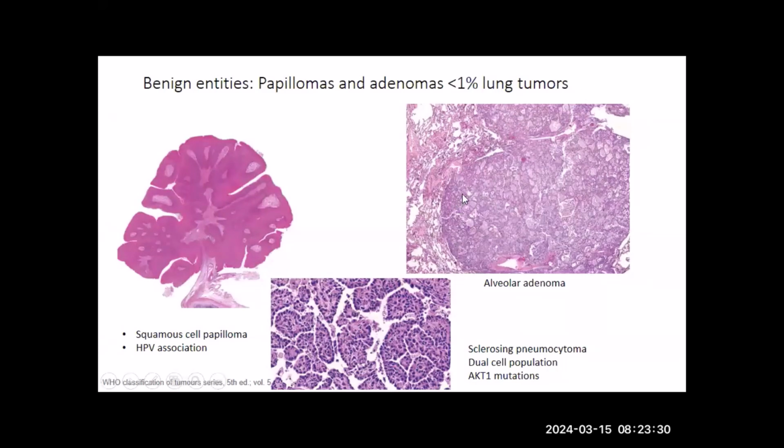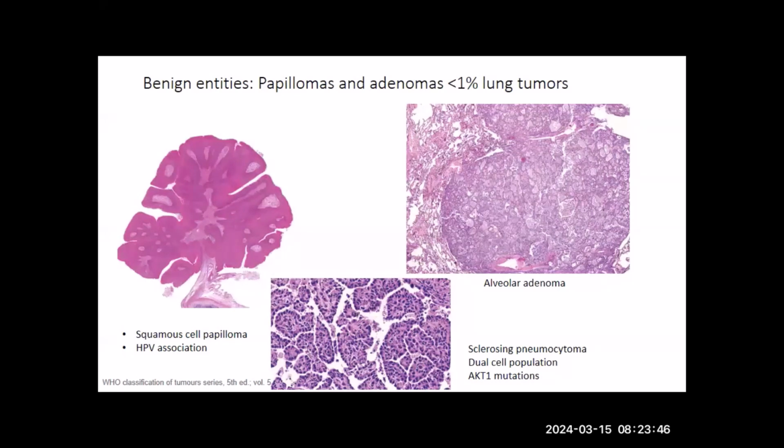So this is an alveolar adenoma. There are also some other entities like sclerosing pneumocytoma, which has a dual cell population and is associated with AKT mutations.